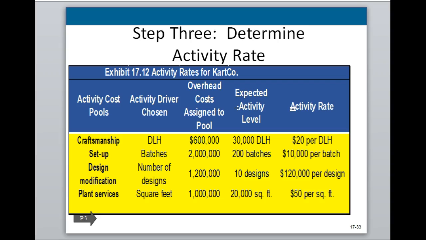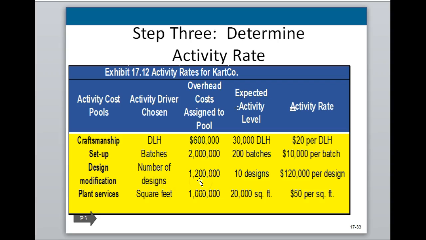So now let's look at the entire determining of that rate. If we look at direct labor, we just figured that one out. Craftsmanship at $20 per direct labor hour. Batches, the setup was $2 million divided by 200 batches. So each setup is $10,000.